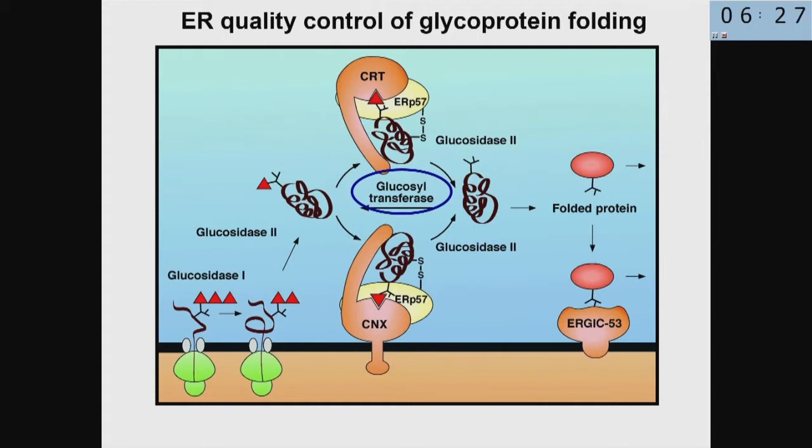If not, it's reglucosylated by the glucosyl transferase, and the calnexin-calreticulin cycle starts again. Glucosylation, deglucosylation until the protein is fully folded.